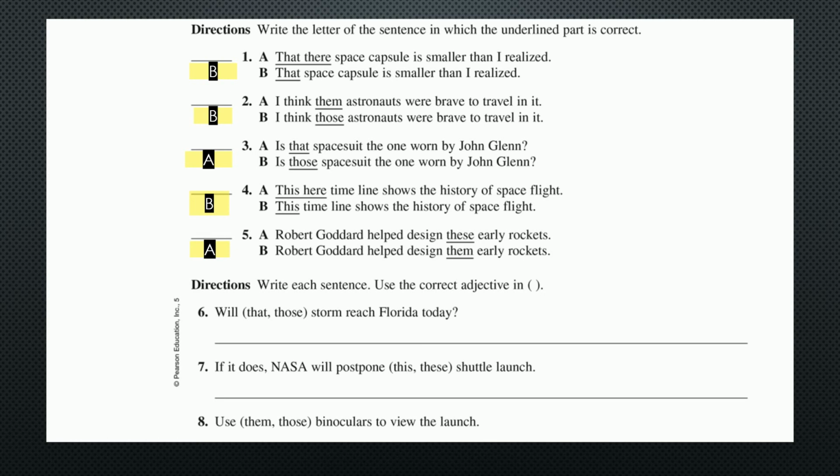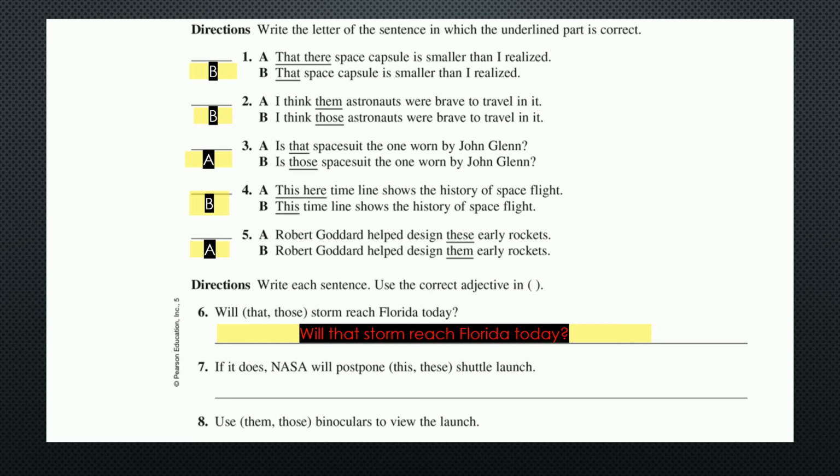Now the second exercise. Write each sentence using the correct adjective in parentheses. Number 6. Will that or those storm reach Florida today? So which demonstrative are we going to use? Just give me your answers here. Let's see who got it right. Fantastic. So we have that.